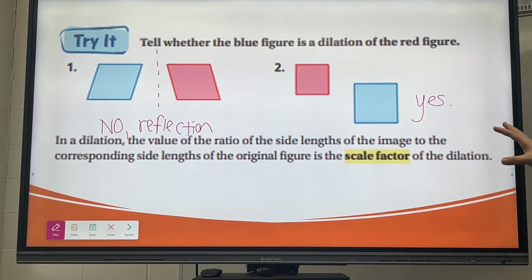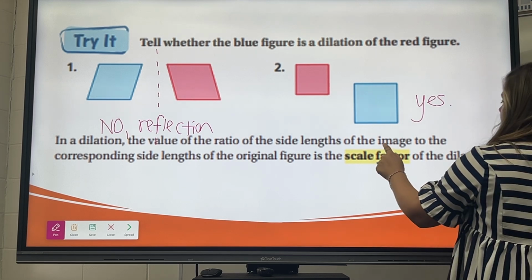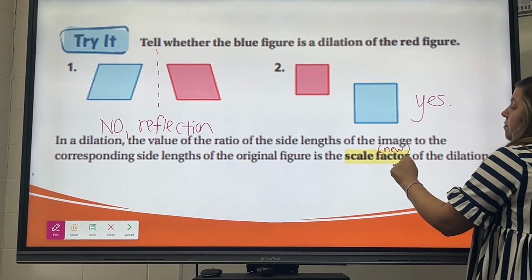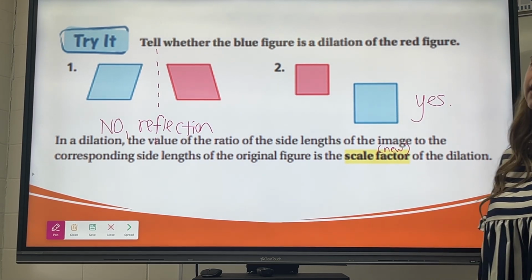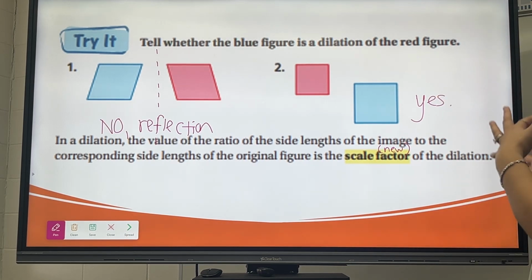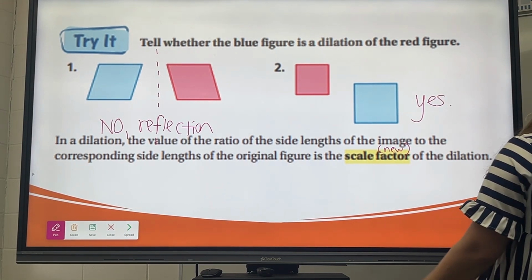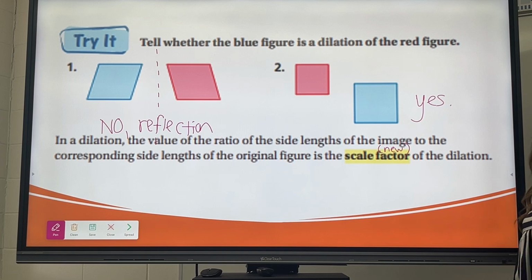This part right here, the wording is a little advanced. But in a dilation, the value of the ratio of the side lengths of the image, the new one, to the corresponding side lengths, meaning the same side lengths of the original, is the scale factor. Now let me break this down for you. The value of the ratio.